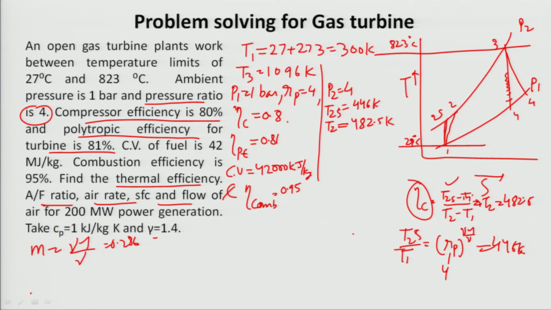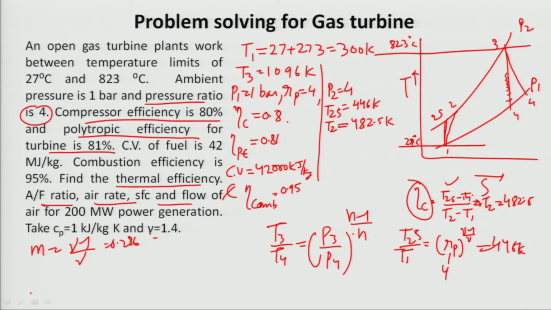Now, for the turbine the polytropic efficiency is given. For polytropic efficiency, meaning polytropic expansion, we can use for the turbine T3 upon T4 equal to P3 upon P4 raised to the power n minus 1 upon n.